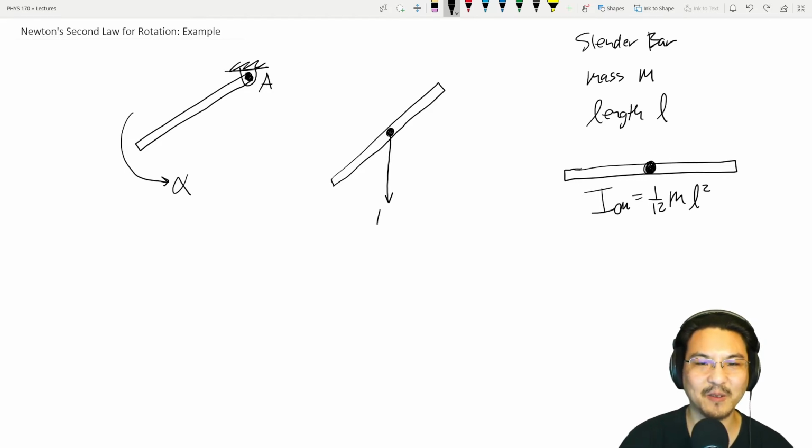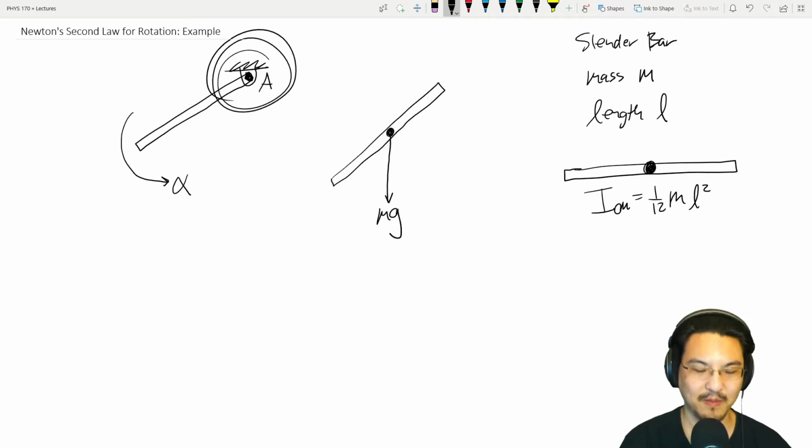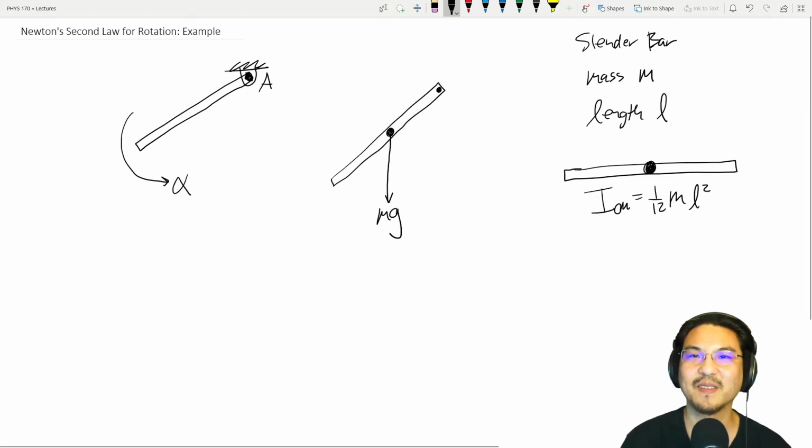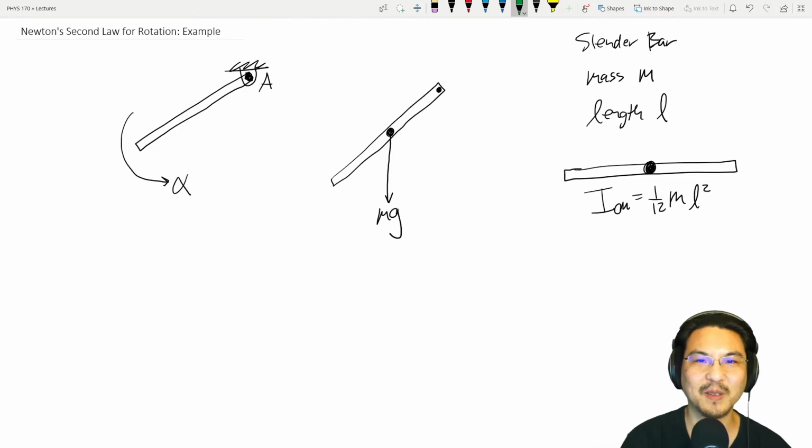So it has weight here. And then there's this hinge at point A, so there's some reaction normal force at the pin. Not sure what direction, so let me pick coordinates somewhere.